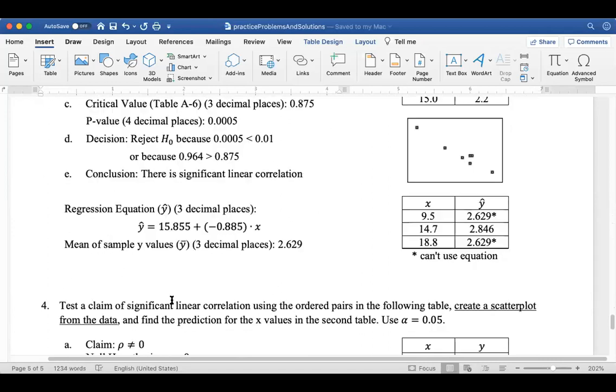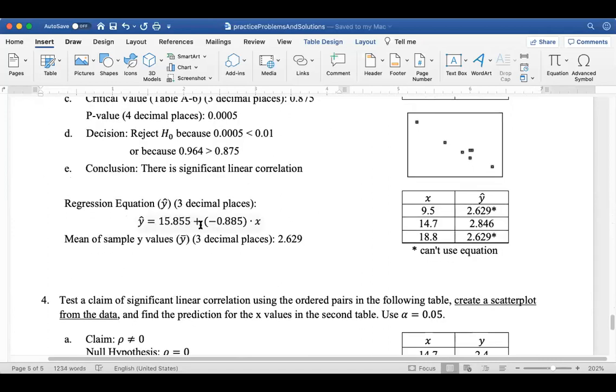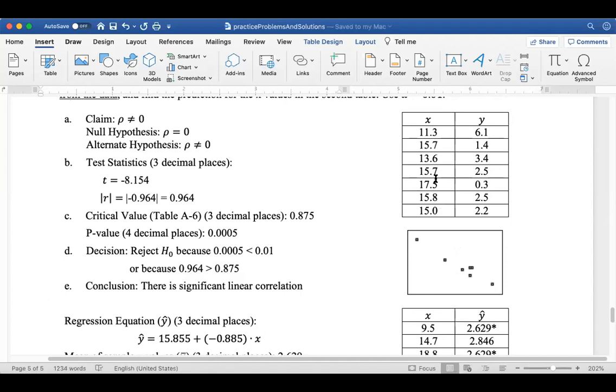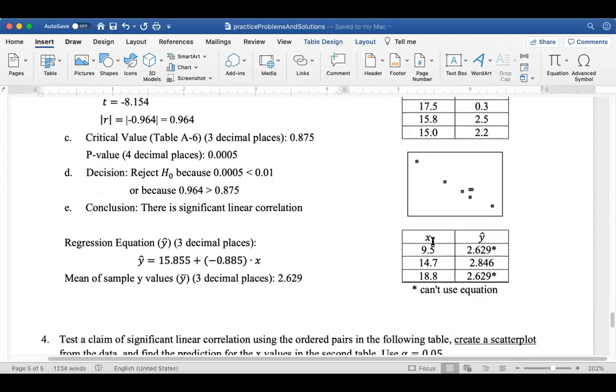If we look at the regression equation, 15.855 plus negative 0.885x, and we have given values of x, 9.5, we've got a good prediction equation, or predictor equation. It's a valid model since we rejected, as long as the x is in the range of the sample x's, and 9.5 is not in the range, okay?